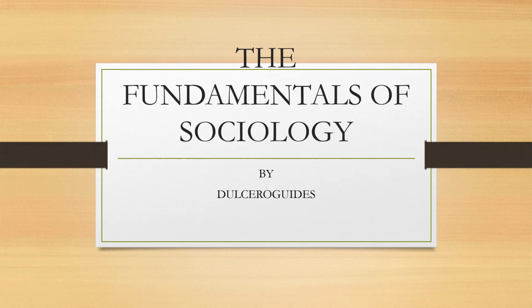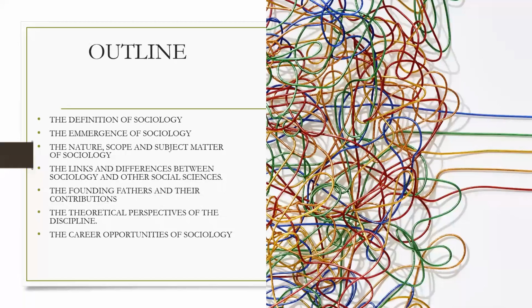So we will learn about the meaning of sociology, and then we are also going to learn about the emergence of sociology, the nature, scope and subject matter of sociology, the links and differences between sociology and other social sciences, the founding fathers and their contributions, the theoretical perspectives of the discipline, and the career opportunities of sociology.